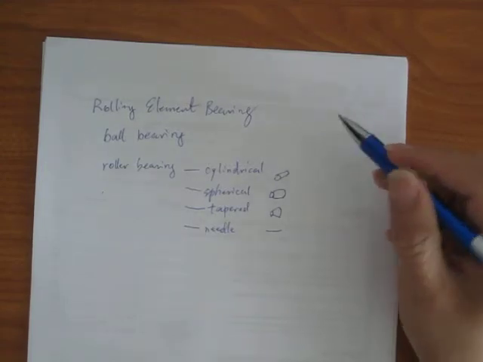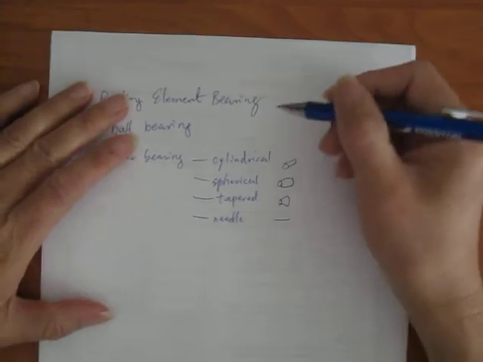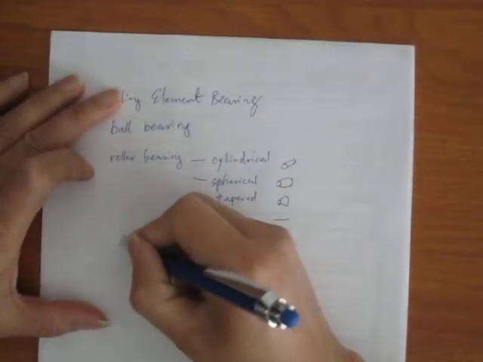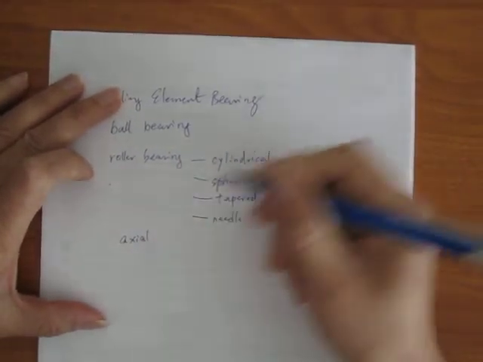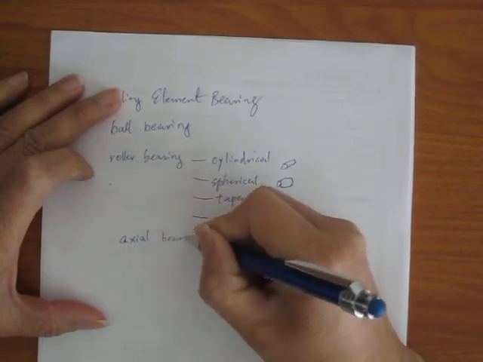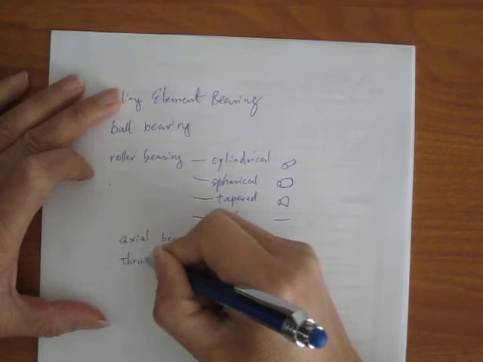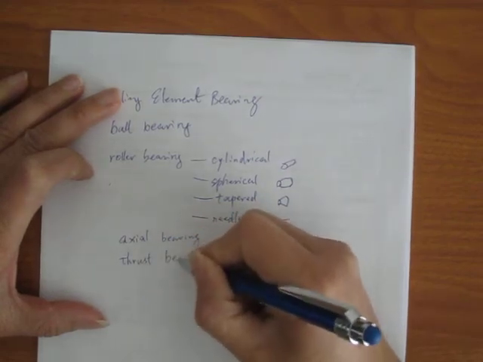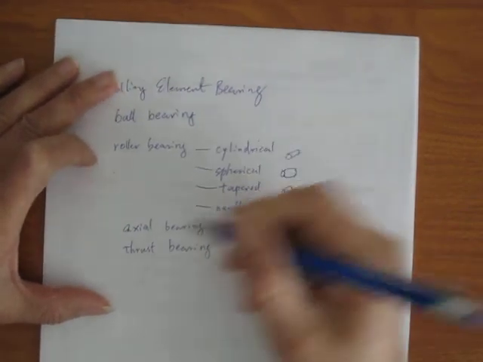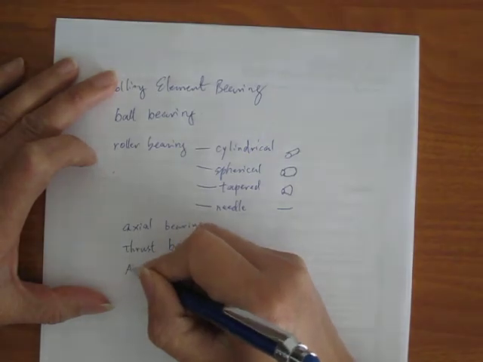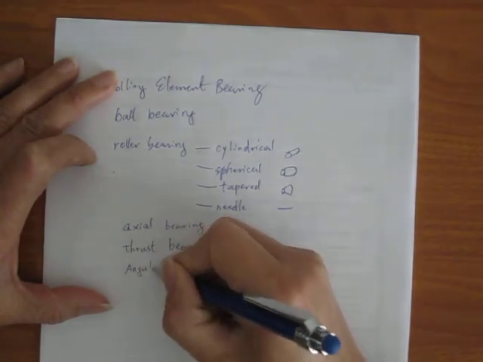And we have axial bearing, those two types, and the thrust bearing. There's another type called angular bearing.